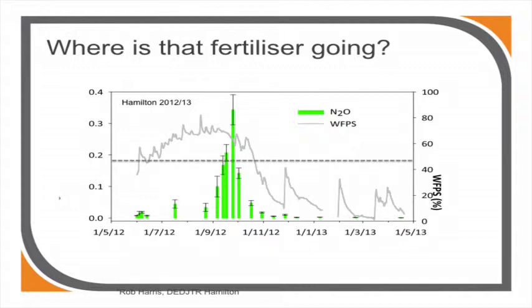So I guess what we're thinking here is that when we look at these really poor recovery rates from where that nitrogen's been put out earlier in the season, part of the explanation there may be from denitrification events. And as I mentioned, that corresponds reasonably with where our water-filled pore space is suggesting that we're quite waterlogged.